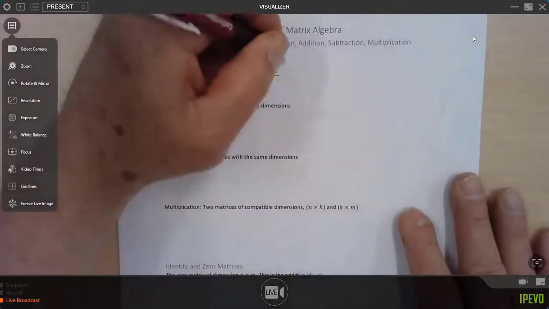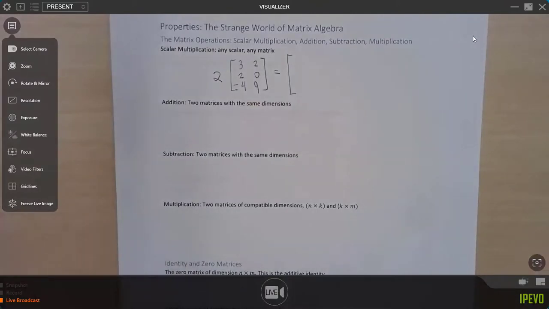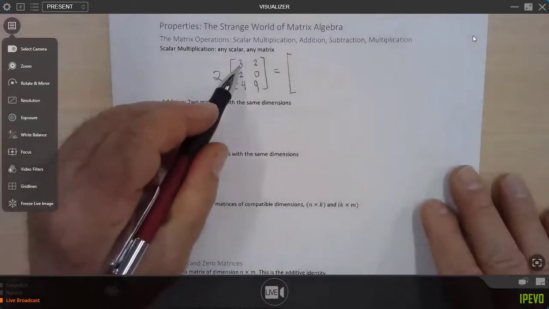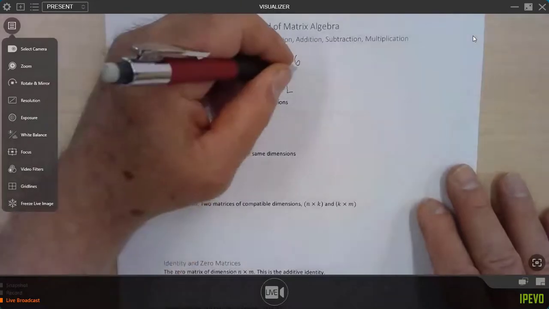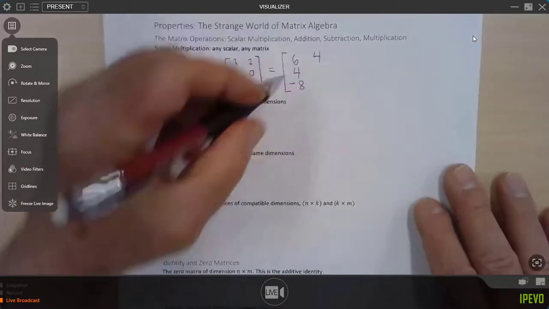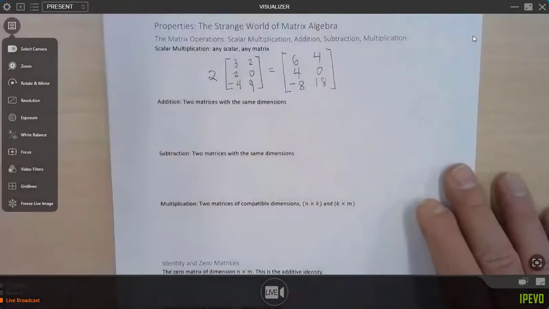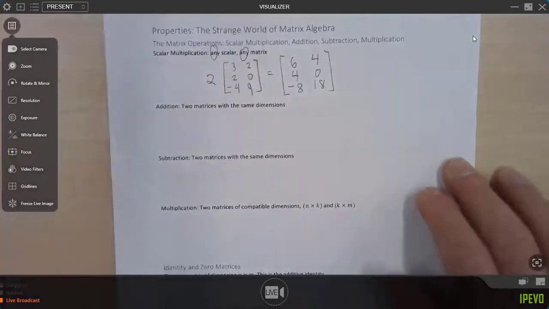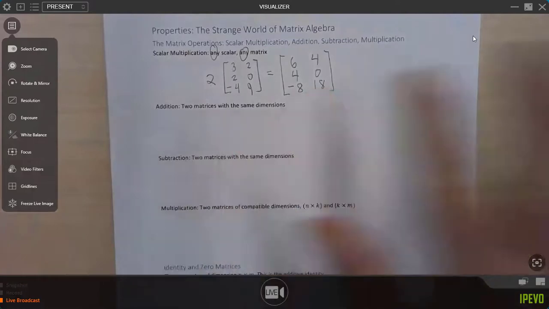And it's just like you did with scalar multiples of vectors, say in physics or multivariate calc. It's 2 times every single entry in here. So 2 times 3 is 6. 2 times 2 is 4. 2 times minus 4 is minus 8. 2 times 2 is 4. 2 times 0 is 0. 2 times 9 is 18. And the key here is any and any. Any scalar times any matrix is always defined, and it's done in that kind of way.